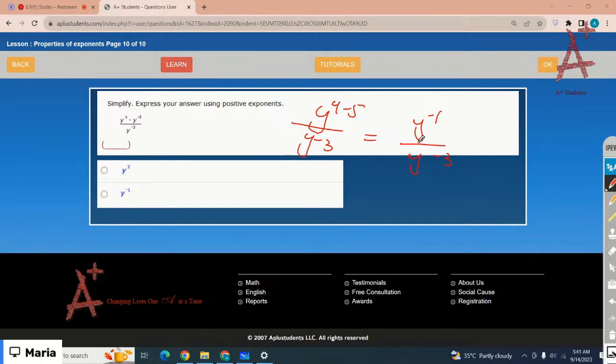For the denominator, you have to apply the quotient rule. It would be y exponent negative 1 minus negative 3, so negative 1 plus 3. 3 minus 1 is 2, so it would be y squared. Option number 1 is the correct option, right?